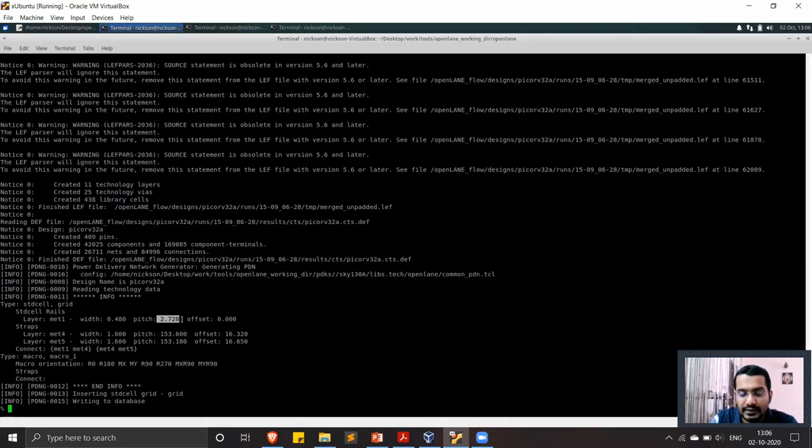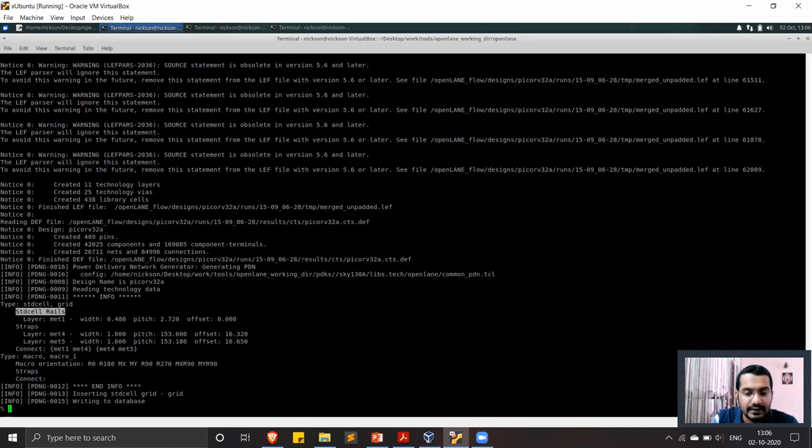If you have the height of the standard cell in multiples of 2.72, your power and ground pins in the standard cell will match with that of the standard cell rail power lines.